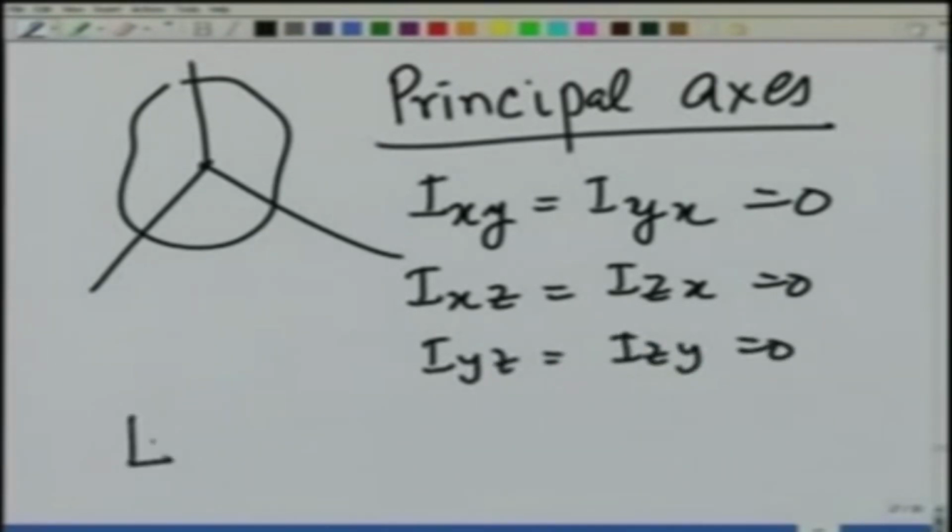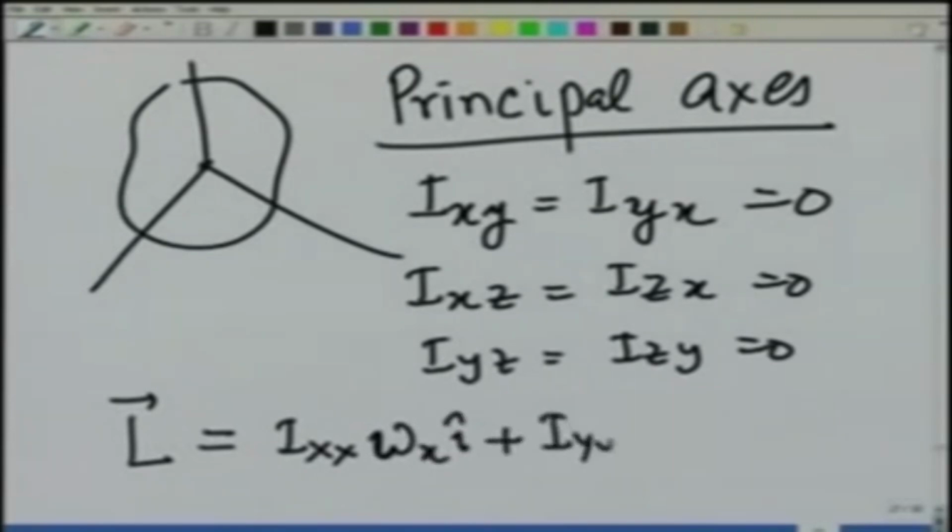Therefore, the L vector simply becomes equal to Ixx omega x i plus Iyy omega y j plus Izz omega z k.